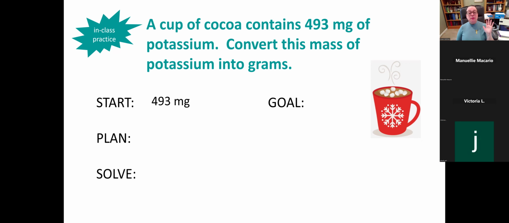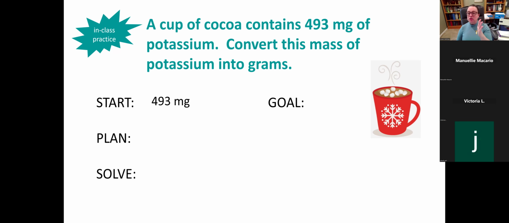One thing I'm going to remind you of is to be really careful with your capital letters and your not capital letters. It makes a difference. A capital M as a prefix is mega, a lowercase m is milli. We have milligrams here. Potassium is K, a capital K, not a small k. A small k has lots of other meanings in chemistry.